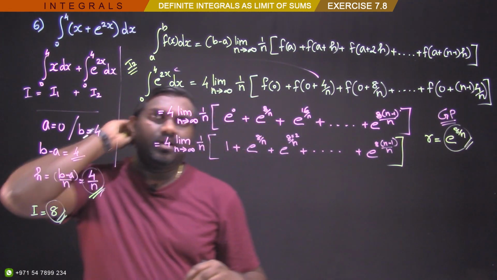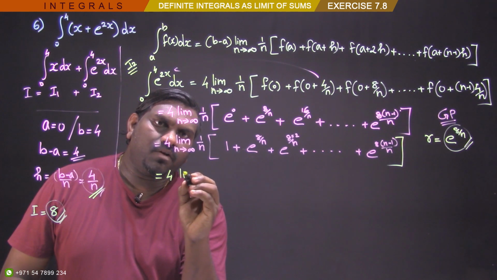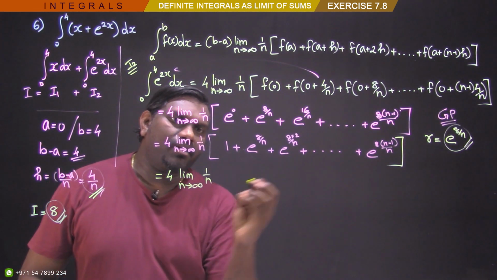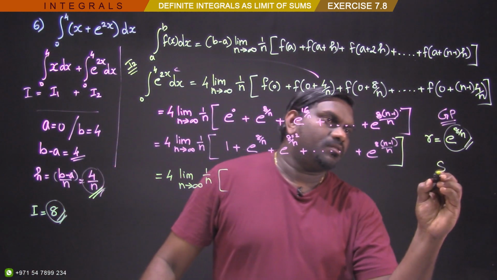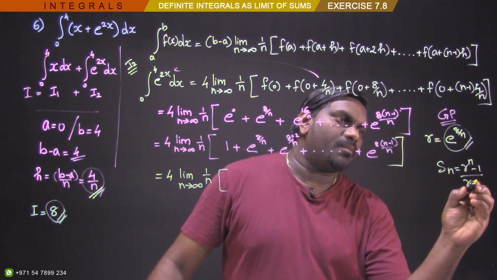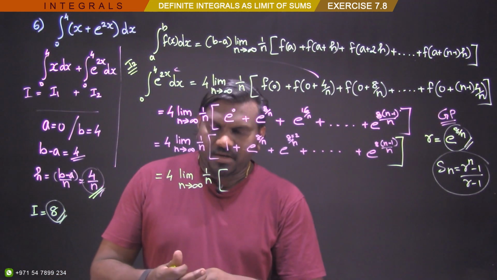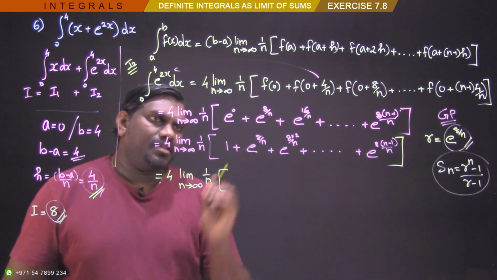So we can write the sum of n numbers: limit n tending to infinity, 1 by n, times the formula (r raised to n minus 1) by (r minus 1). This is the sum using the common ratio, as this is in GP.